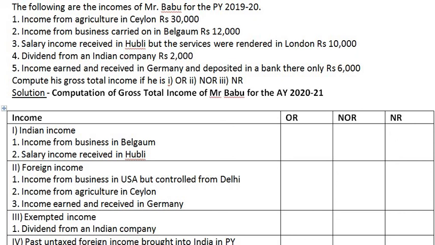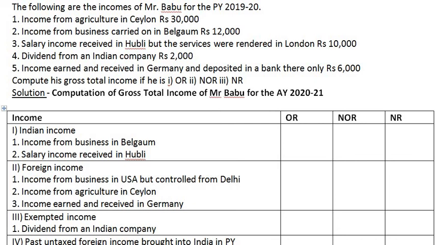Same way, the third one, salary income received in Hubli but the services were rendered in London. Here you are given 2 parts, that is, salary income received in Hubli but the services were rendered in a foreign country. Whenever Indian income as well as foreign services, or a combination of India as well as foreign, is given, just check whether it is received in India or whether the base of the income is in India.